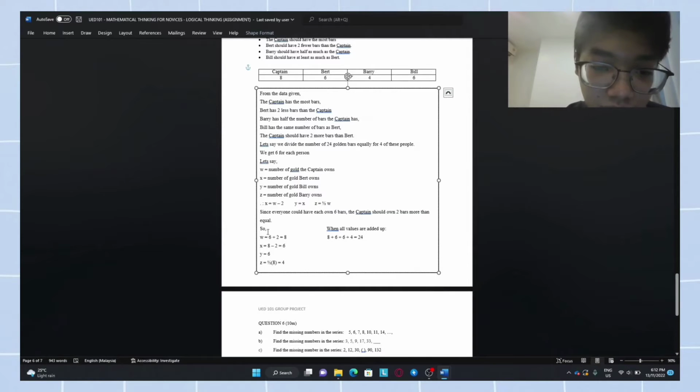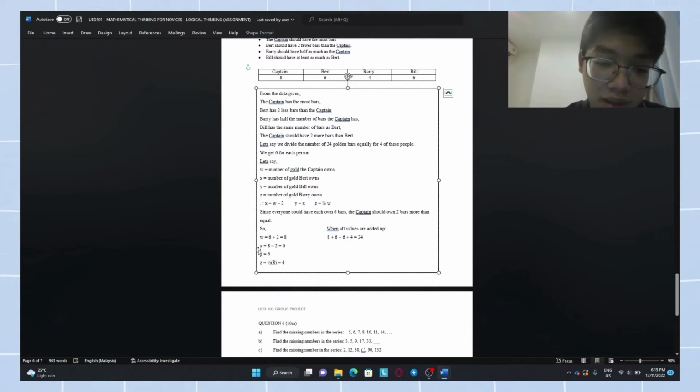Because if everyone had equal bars, then the captain should have 2 more bars. So the number of gold the captain owns, W, equals 6 plus 2, or W equals the number of bars everyone should have had equally plus 2. 6 plus 2 equals 8.